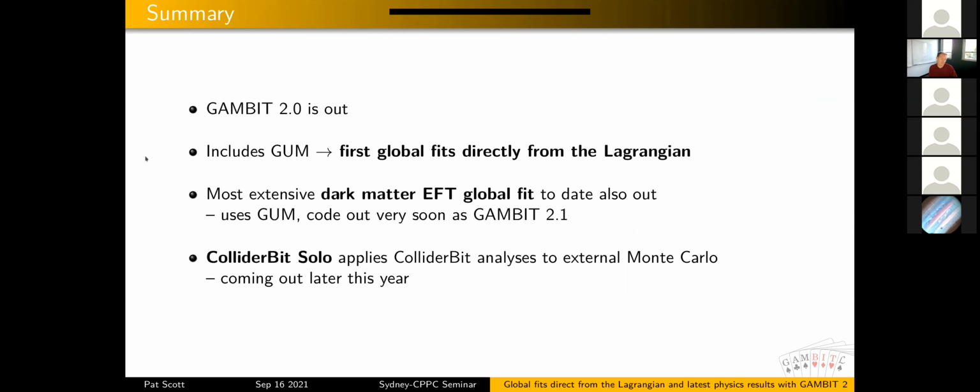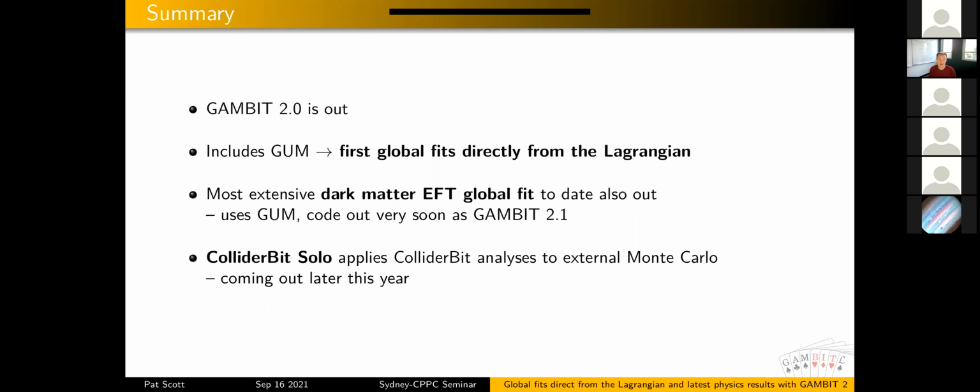So I've told you basically about where we're up to with GAMBIT 2. Version 2 of the code is out. You can download it and use it. It includes GUM, so that means you can do global fits directly from the Lagrangian, basically for the first time. We've also put out this dark matter effective field theory global fit, which has some interesting results for both light dark matter and heavy dark matter.